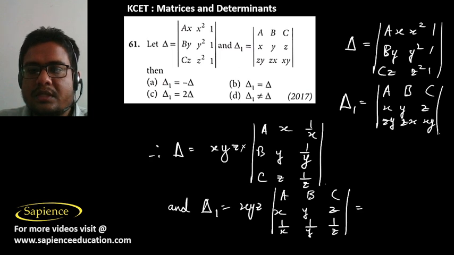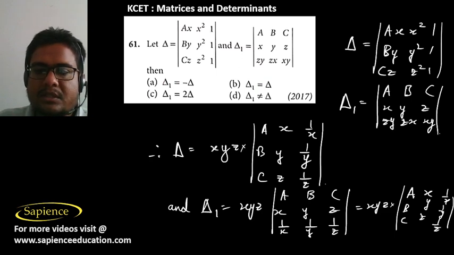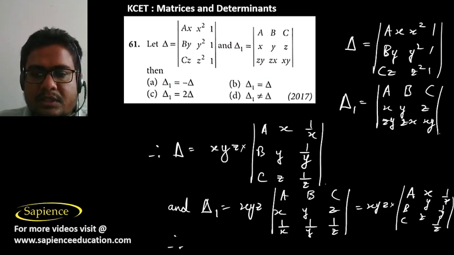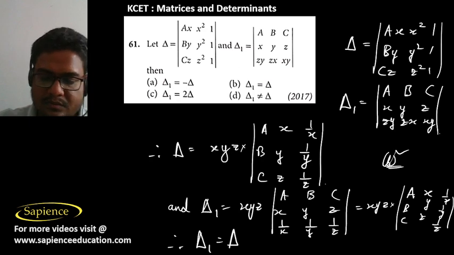We can take the transpose of this also. This will be xyz times the determinant of abc, xyz, 1 by x, 1 by y, 1. Therefore, we can see that they are the same. Therefore, we can say that delta 1 is equal to delta. So option B is the correct answer.